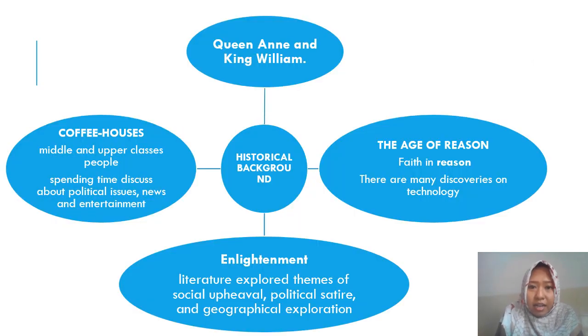Okay, look at the historical background of the 18th century literature. Queen Anne and King William. In this era, there are many coffee houses. What is the function of the coffee houses? Most of the people, usually the middle and upper classes, spent time discussing political issues, news, and entertainment.